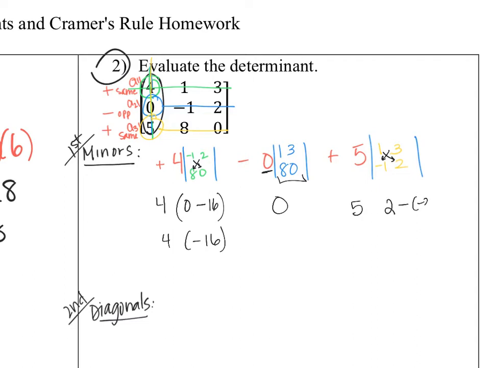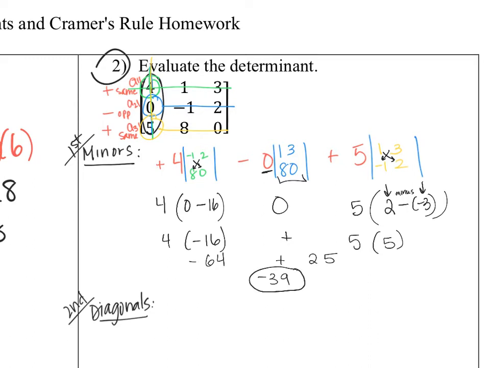Remember, the determinant is the first way minus going the other way. So this is 5 times 2 plus 3, which is 5. So we get -64 plus 25, which is -39. So -39 is our determinant for this 3 by 3 matrix.